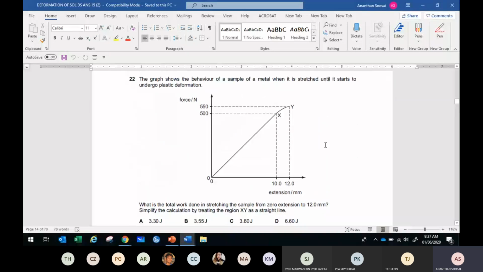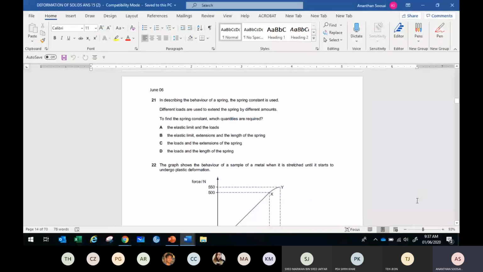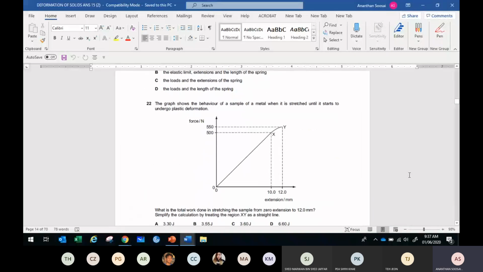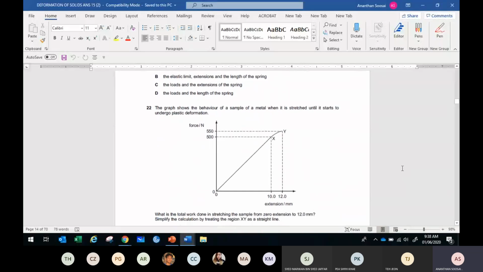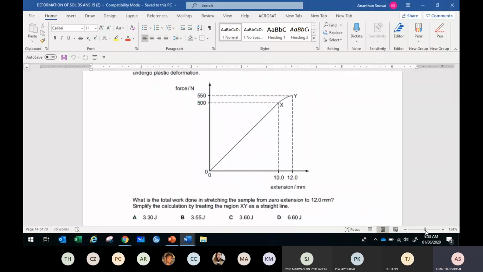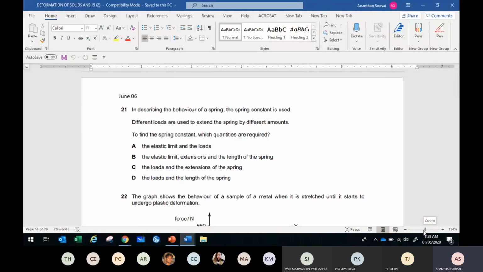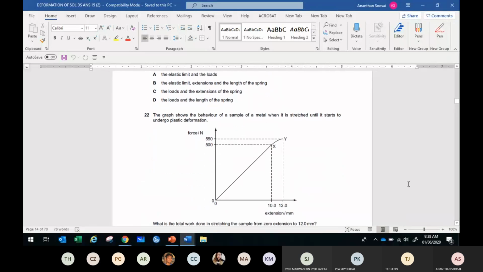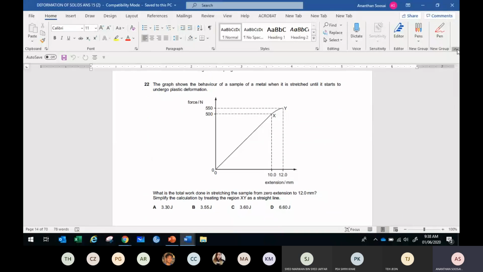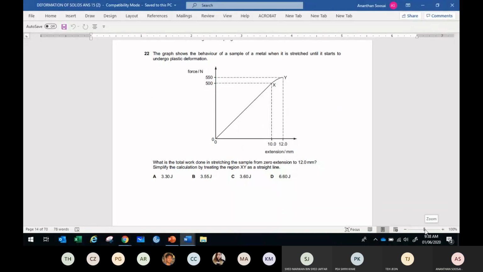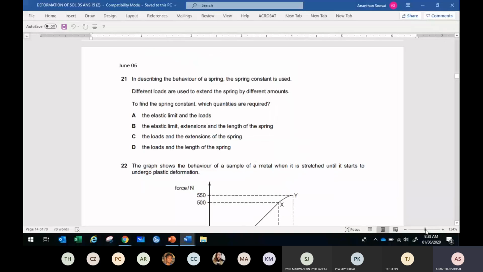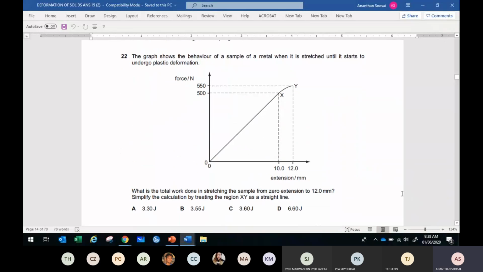Okay, this is a tricky one. Question 22, page 15. Be careful, it's quite tricky. One minute for you.